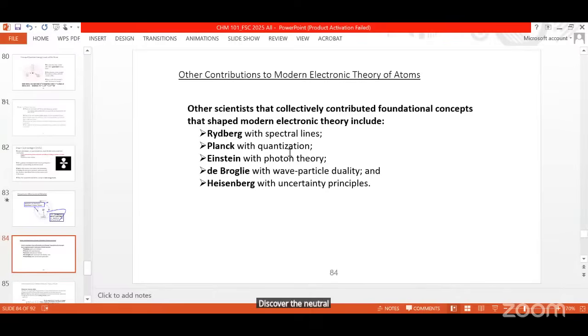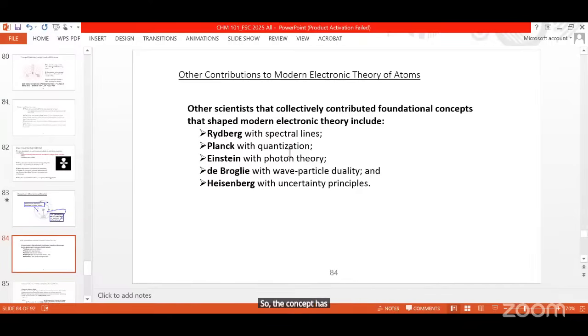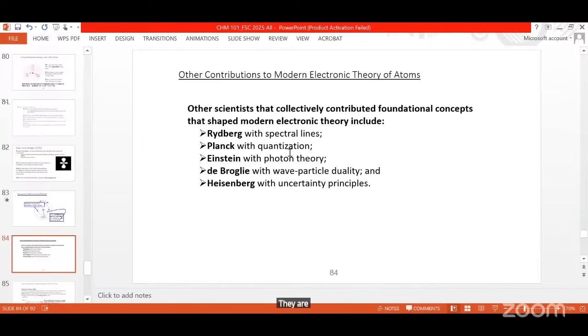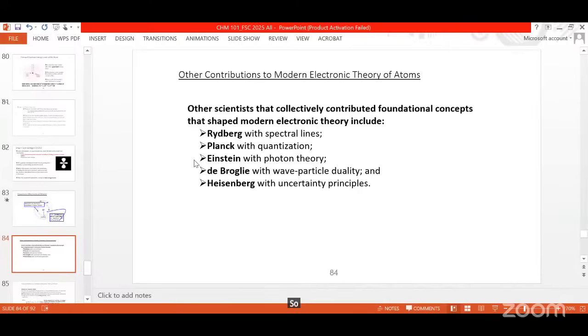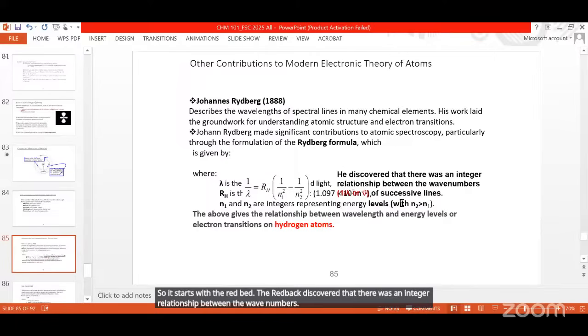Now let's look at other scientists that collectively contributed to the concept that shaped the electronic theory. These ones that we are looking at now, all of them, their models are all under the quantum mechanical models. So we start with Rydberg. Rydberg discovered that there was an integer relationship between the wave numbers of successive lines.